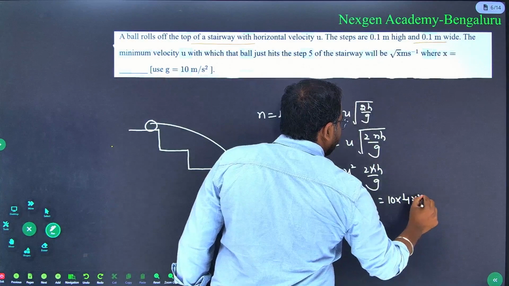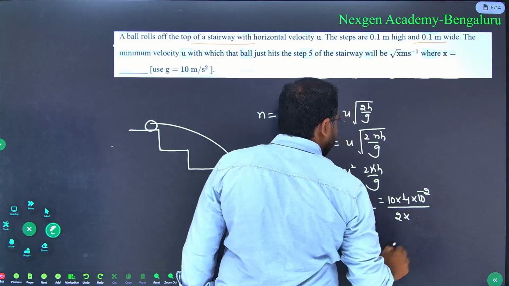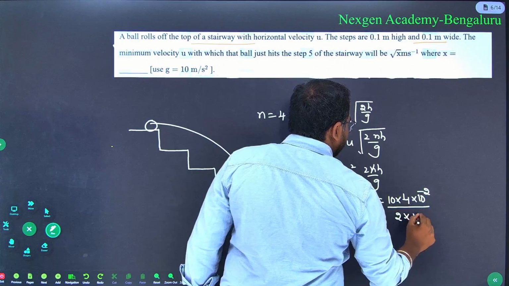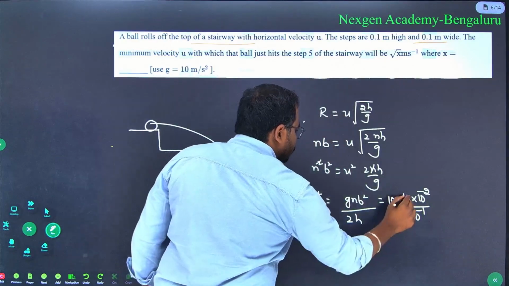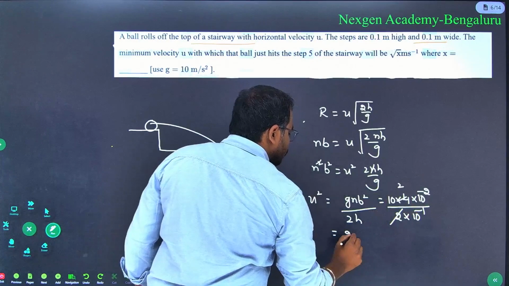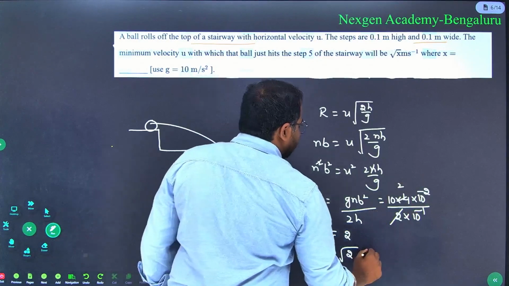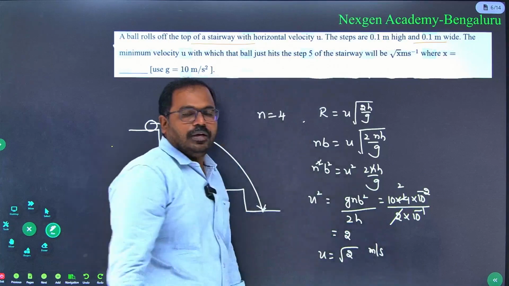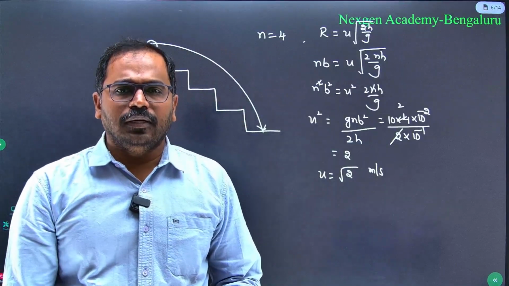B square is 10 to the power minus 2, and by 2 into h value as 10 to the power minus 1. Overall, this can be 4 by 2 and this is equal to 2. So this u is equal to square root of 2 meter per second. So according to the question, this u is equal to square root of 2 meter per second.